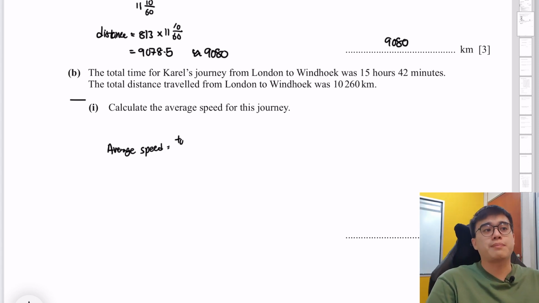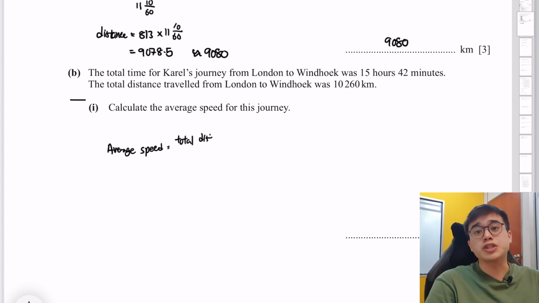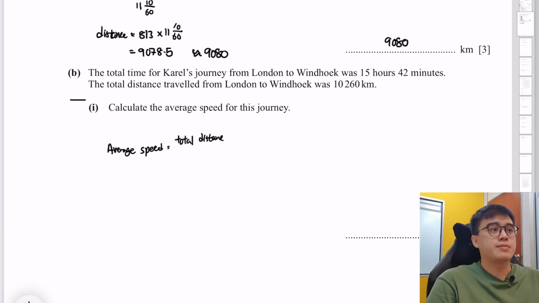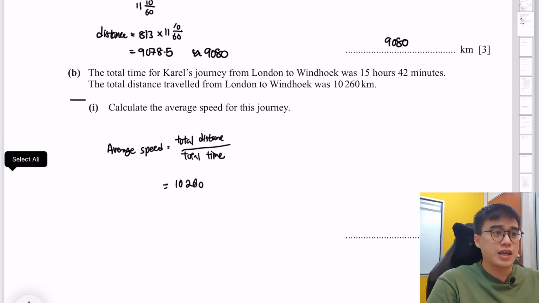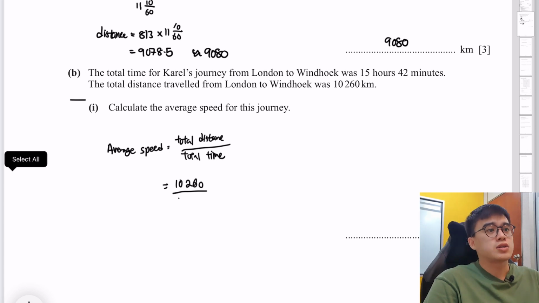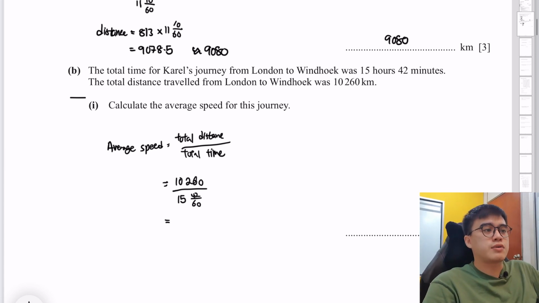So average speed, basically substituting these two pieces of information. A similar step is required where you take the 15 hours and 42 minutes. Again, you're required to divide it by 60 for the 42 minutes. So after the calculation, you should be getting your answer as 654 after correcting it to 3 significant figures.